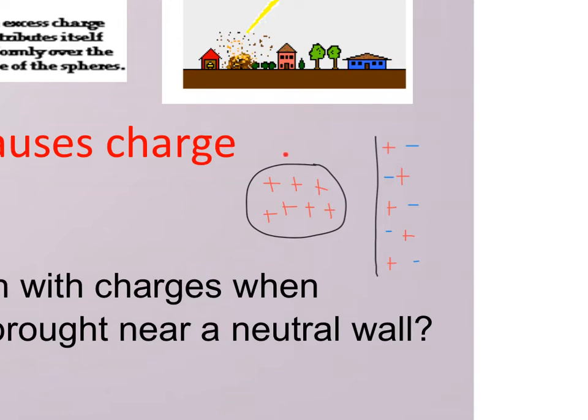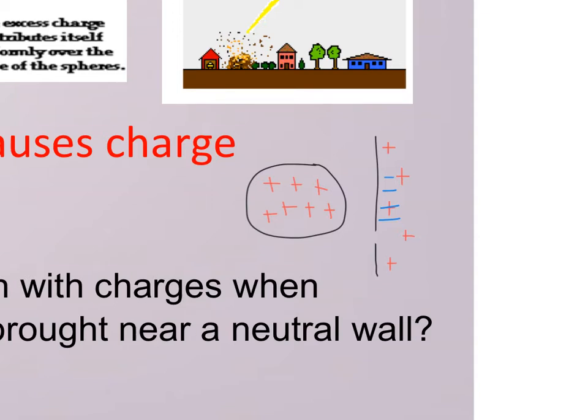As this positively charged object gets brought nearer and nearer to the wall, the electrons in the wall, since they're free to move, are going to be moved in the way that they would be attracted or repelled. And since this is positive, electrons are attracted. So the electrons would move so that they are closer to the positively charged object.